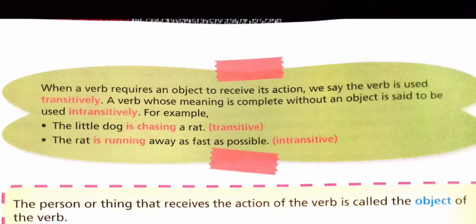A verb whose meaning is complete without an object is said to be used intransitively. For example, the little dog is chasing a rat. It's a transitive sentence. The rat is running away as fast as possible. It's an example of an intransitive sentence.